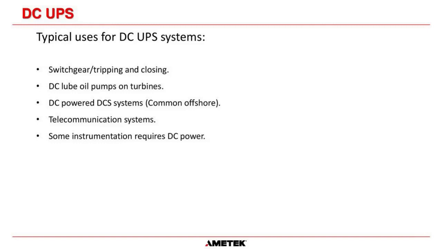The DC charges the springs, controls the solenoids and mechanisms that cause the tripping to happen, and it also keeps the power maintained on all of your electronic tripping and closing controls. The DC will keep those powered up as well.